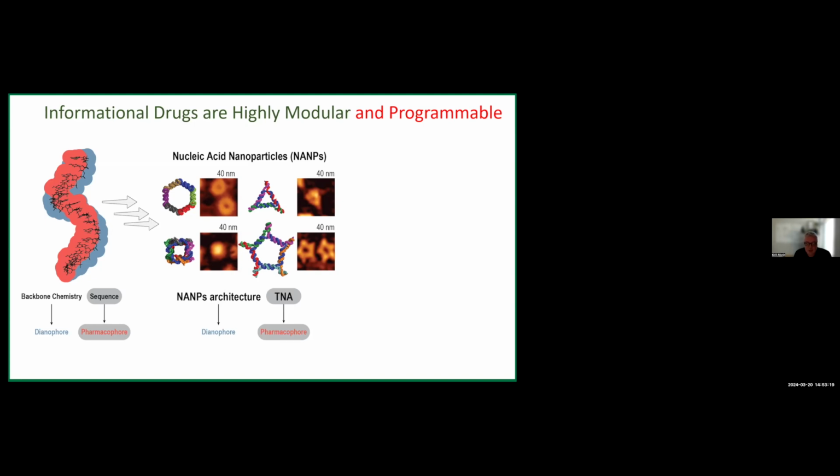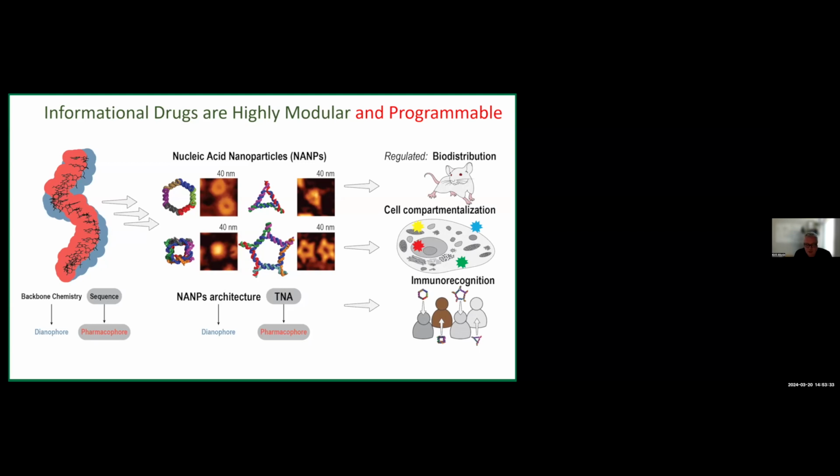In this approach, the NANP architecture would be defined as the dynaphore, and therapeutic nucleic acids, or TNAs, added to the NANP would be responsible for the pharmacophore function. This innovative concept offers additional advantages in precisely regulating, for example, biodistribution of those molecules, their cell compartmentalization, and immune recognition, as I will show later on today.